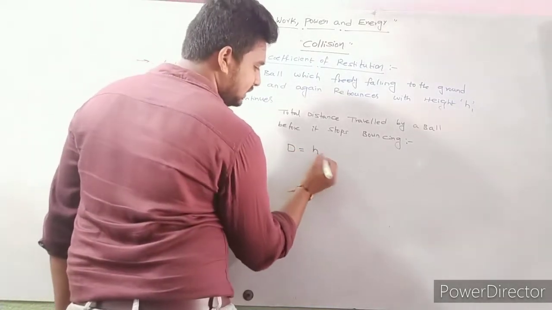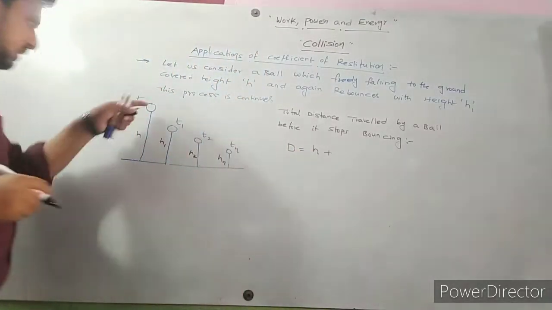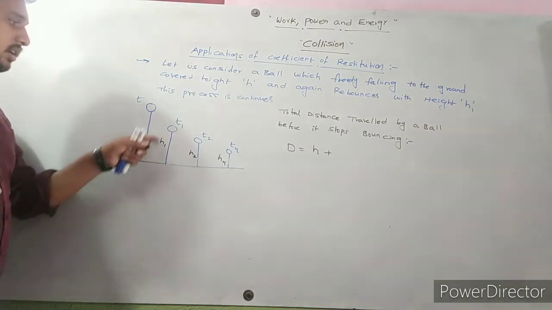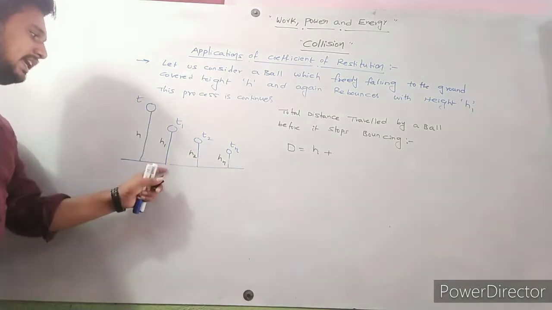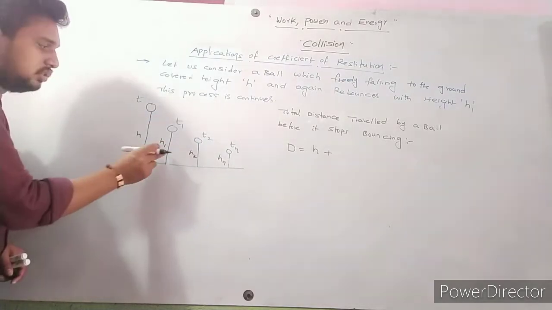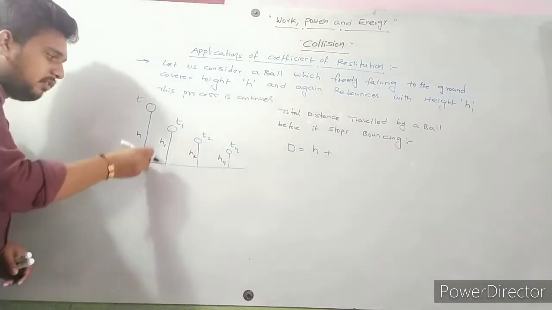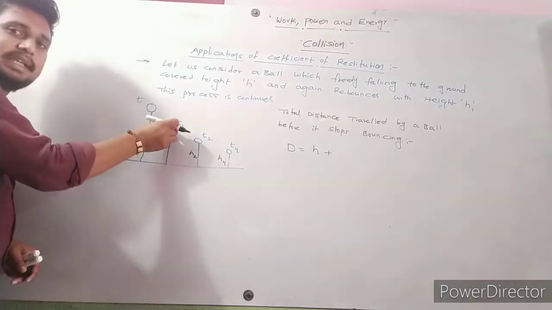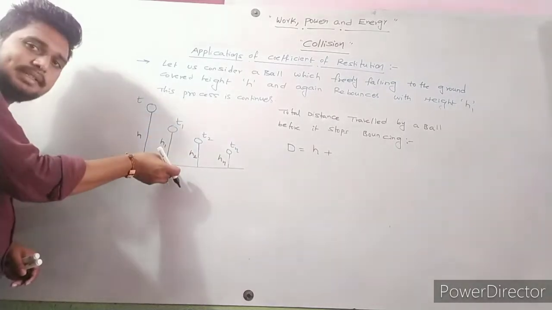D is equal to h plus, first it covered distance h. Once it hits and rebounds, the rebound is h1 and again it falls h1. So observe carefully. Once it falls, height is h. It rebounds to height h1 and again it falls, height is h1.